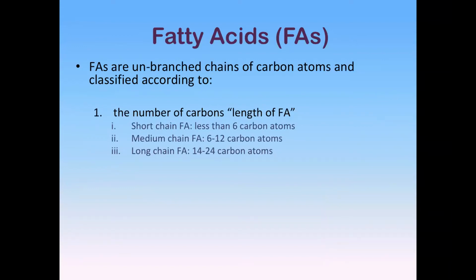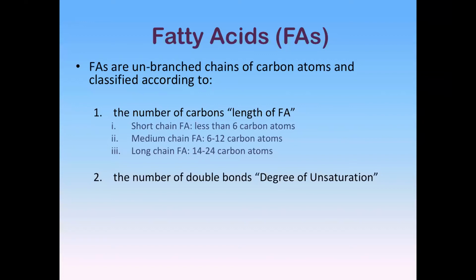So the length of fatty acids makes them short chain, medium chain, or long chain. And we can also classify them according to the number of double bonds, the degree of unsaturation, because double bonds mean they are unsaturated. And the third classification is the position of the double bond in the chain.